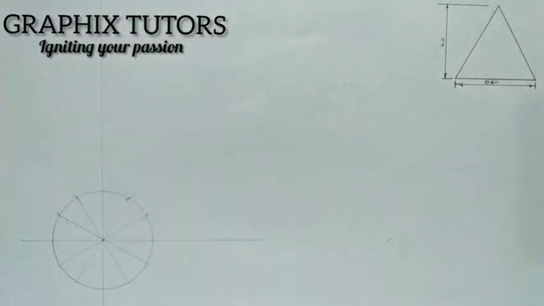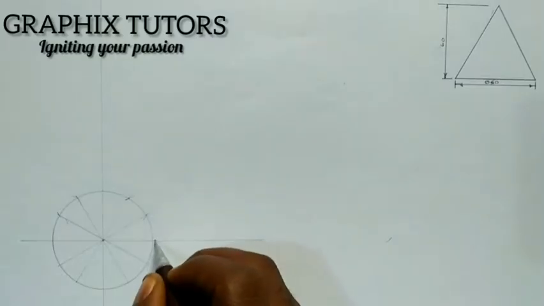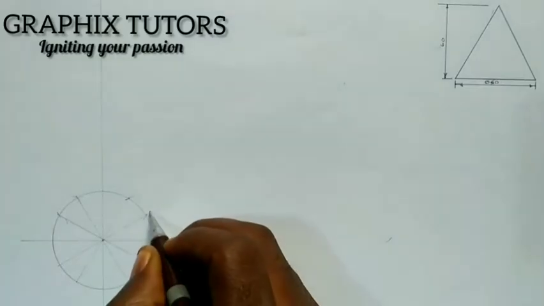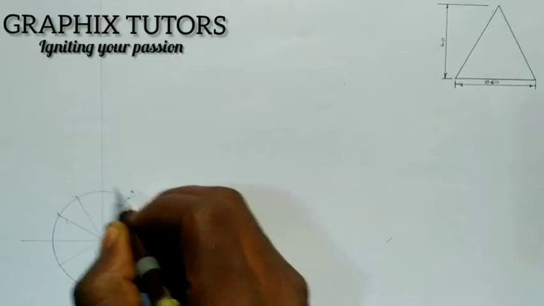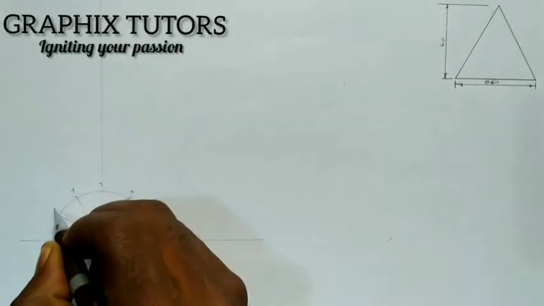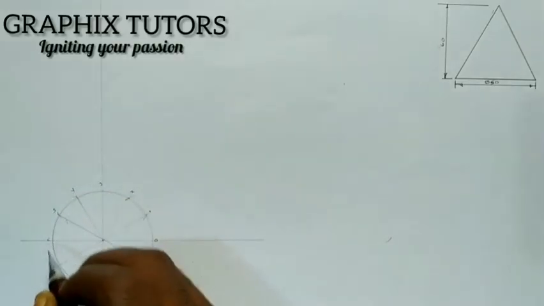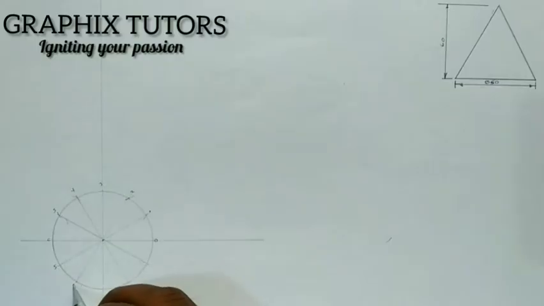That is what we'll be having. So this will be 0, 1, 2, 3, 4, 5, 6, 5, 4, 3, 2, 1, 0.